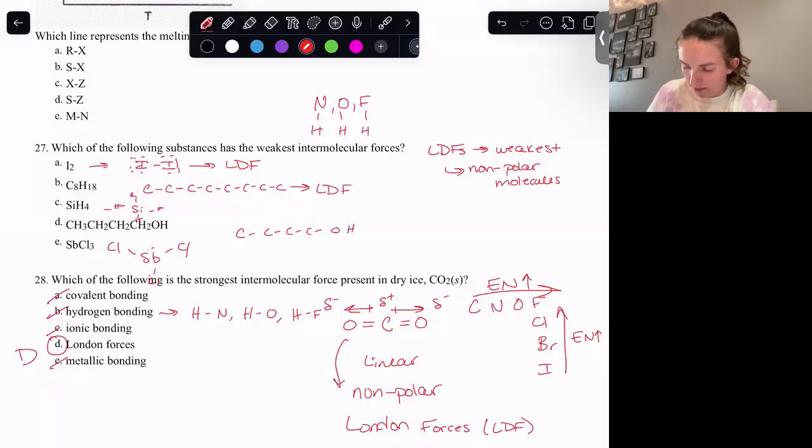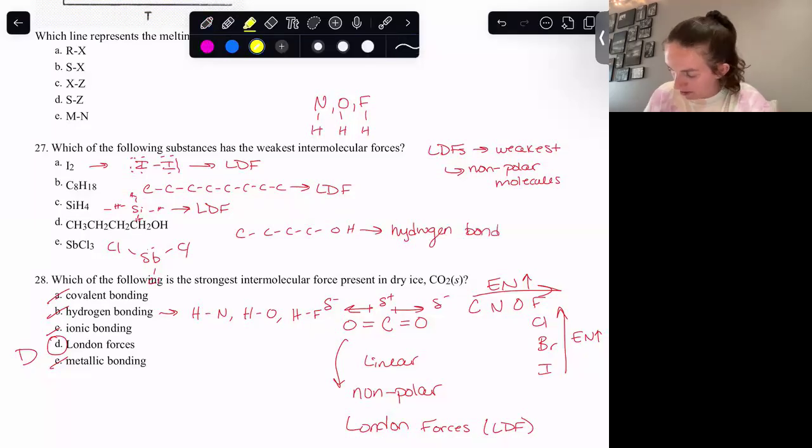What about SiH4? Yep, this is also LDF. What about D with an extra OH group? What can that do? This one can hydrogen bond, because here we have the OH group bonded.